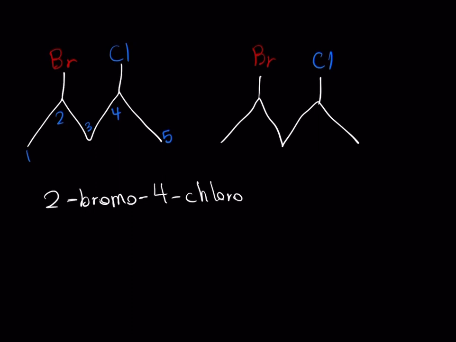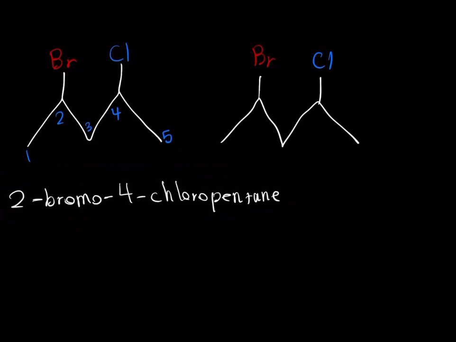And we have 5 carbons, so this is going to be pentane. Now the reason why we put bromo before chloro is because B comes before C in the alphabet, and we always want to alphabetize the substituent names. So that's why we put bromo before chloro.